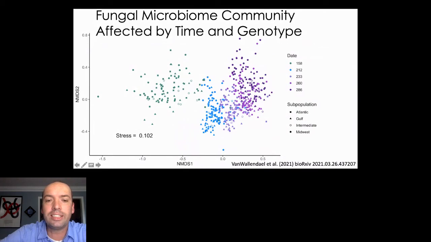Early on in the season, the community was much different from later on in the season. He also saw differences among the different subpopulations of switchgrass. So the genotype group, whether Gulf, Midwest, or Atlantic, also affected what the fungal community was.